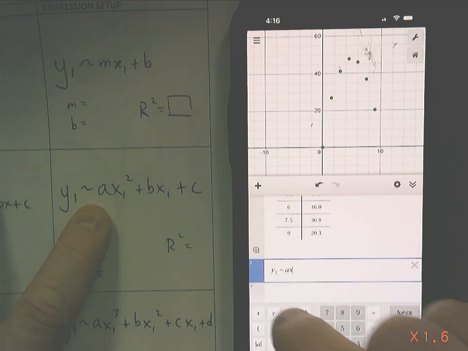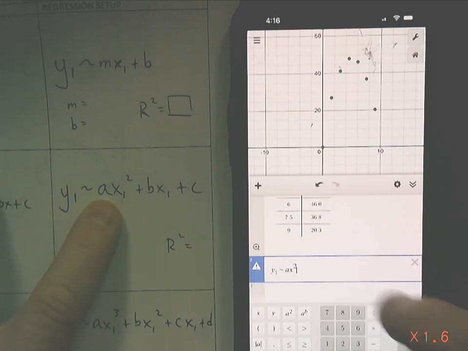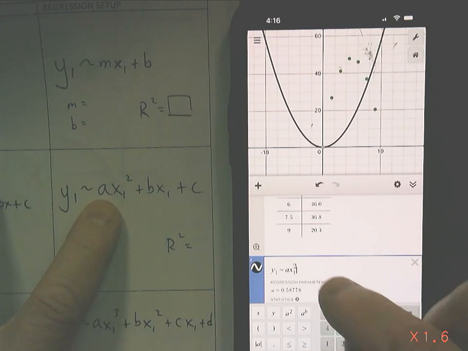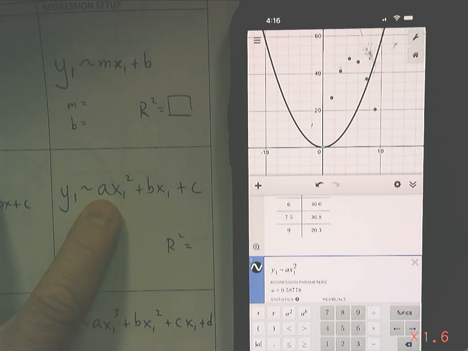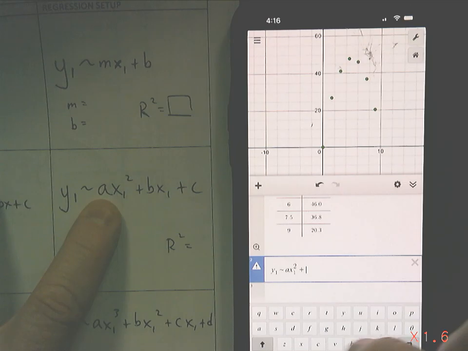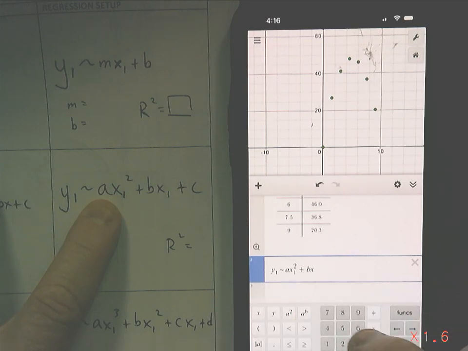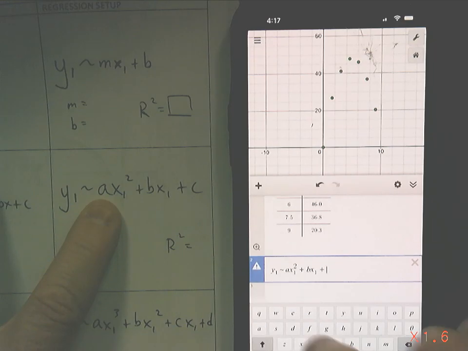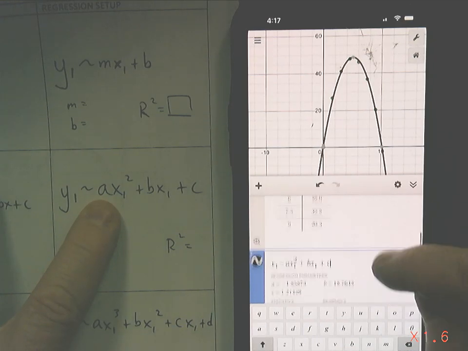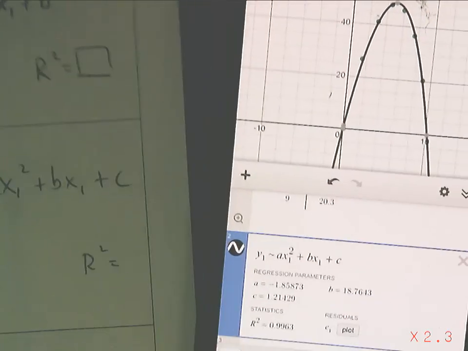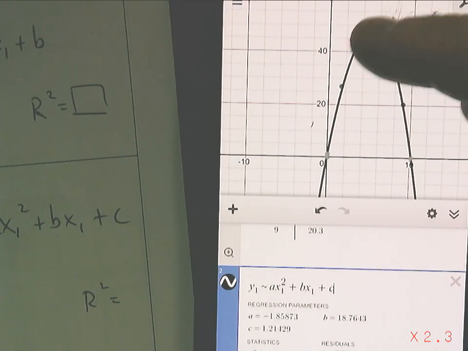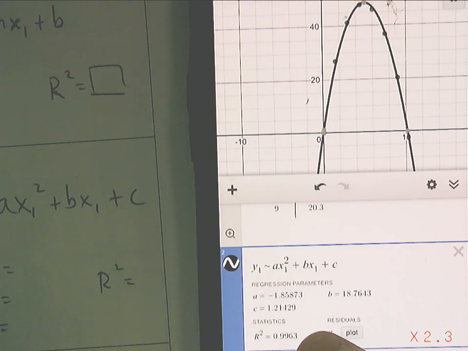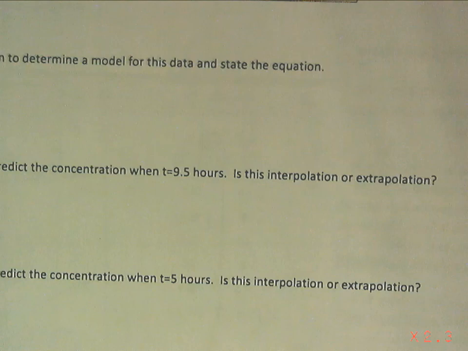You have to do it this way too, so I'll suffer with you. x1, don't forget the 1, that'll mess with your head, plus b x1 plus c. There she be. Okay, so there's my data. Type that in, then all of a sudden I get a nice little curve going through there. Look at my R value, pretty close to 0. Done like dinner. And now I can use this to answer questions.